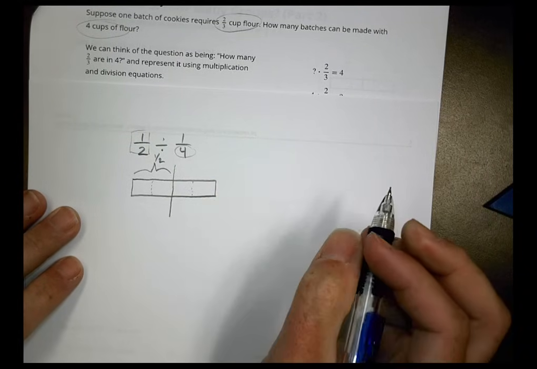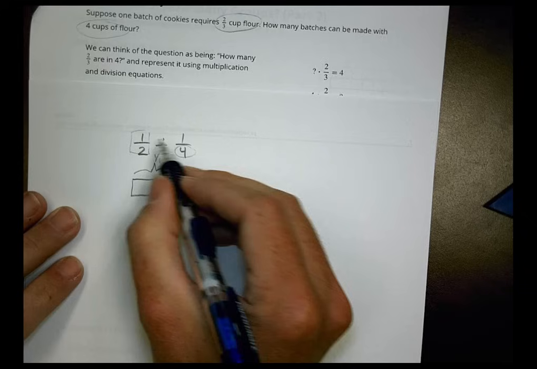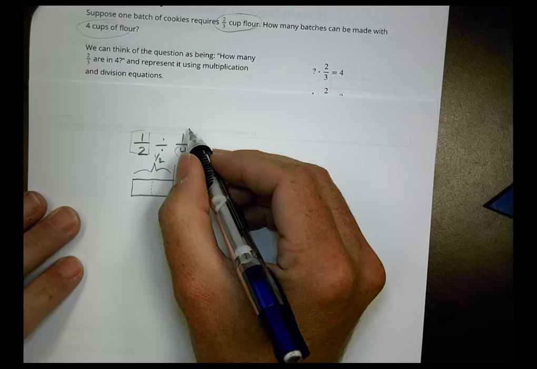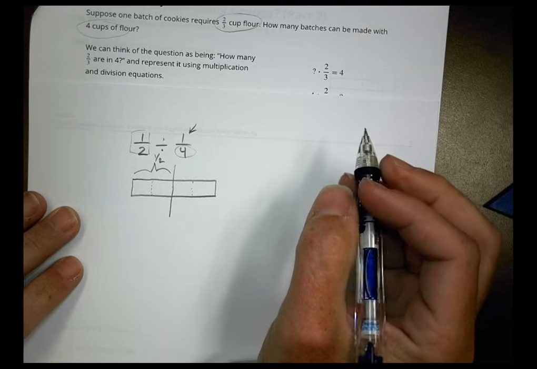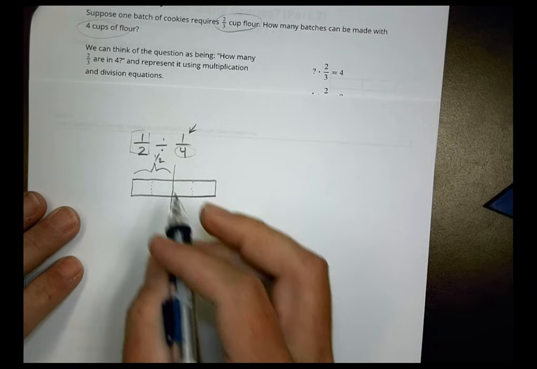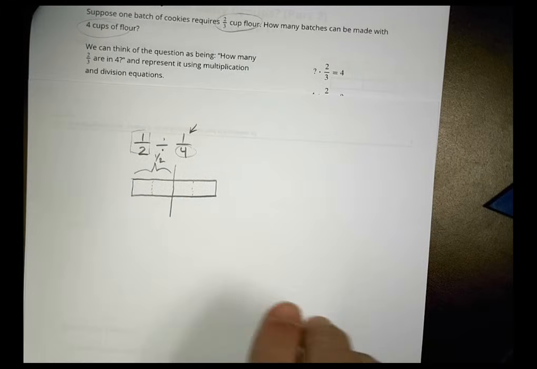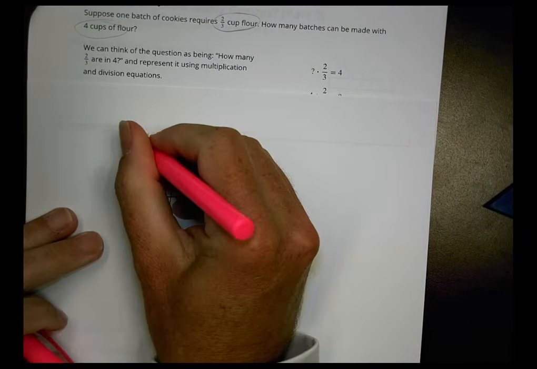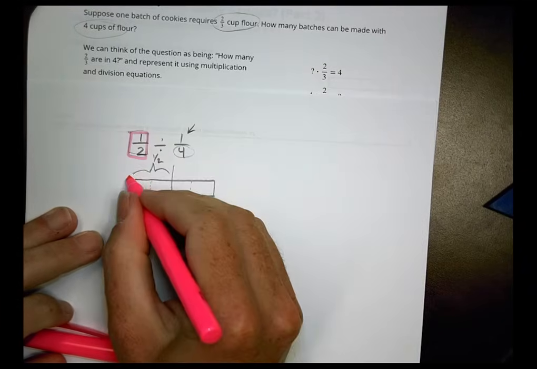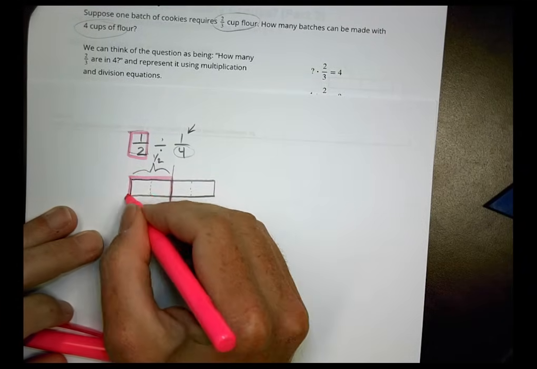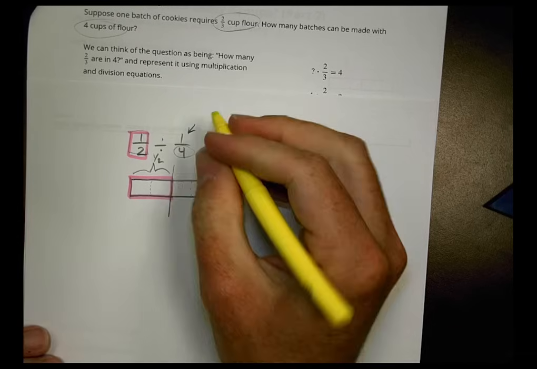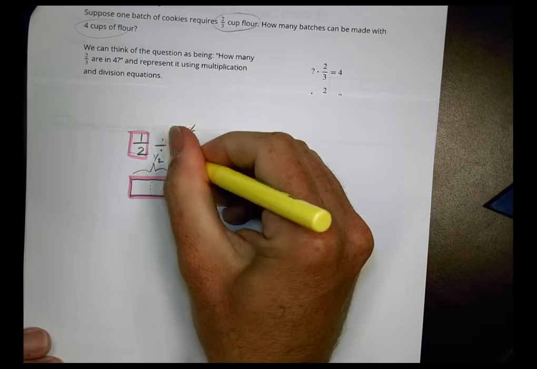So when I do a half divided by 1/4, I'm asking how many of these 1/4 segments are inside of the half. Well, the half is what? The half is just right here. Okay, this is my half. And what I'm wanting to know is how many of the 1/4 are inside of that.